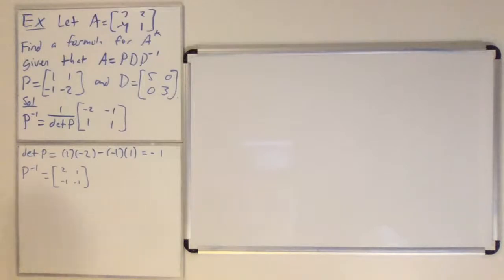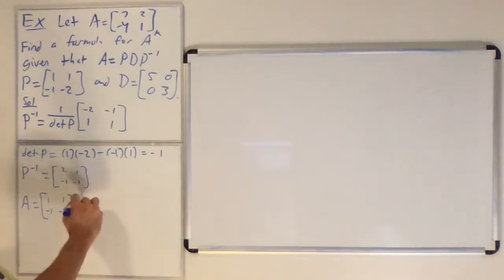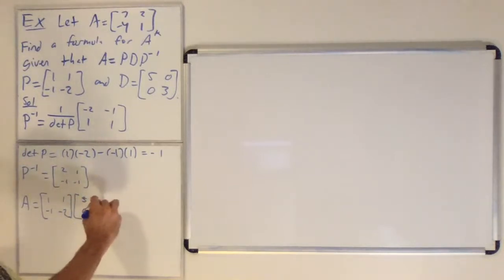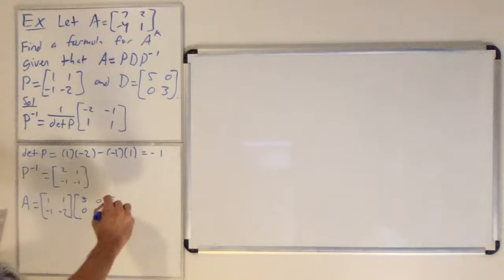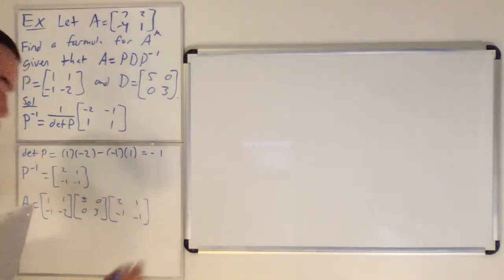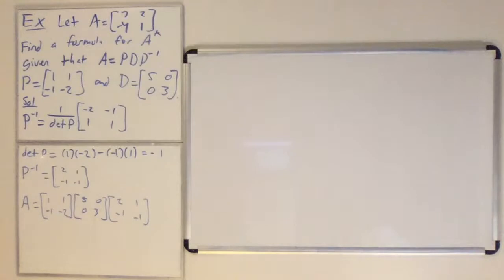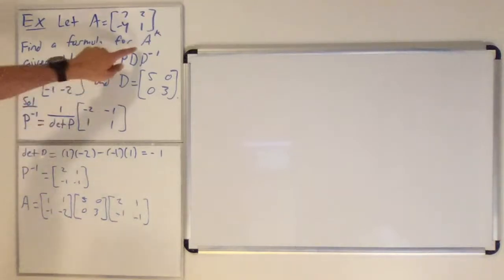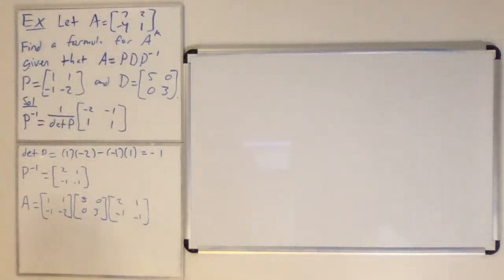Okay, so you could check just by computation that A is equal to 1, 1, minus 1, minus 2 times the matrix 5, 0, 0, 3 times the matrix 2, minus 1, 1, minus 1. You could go through and check this if you'd like. We're not going to. But we want to find a formula for A to the K, so let's find A squared.